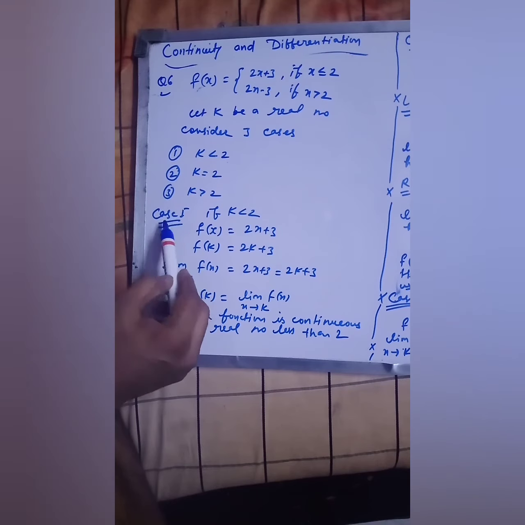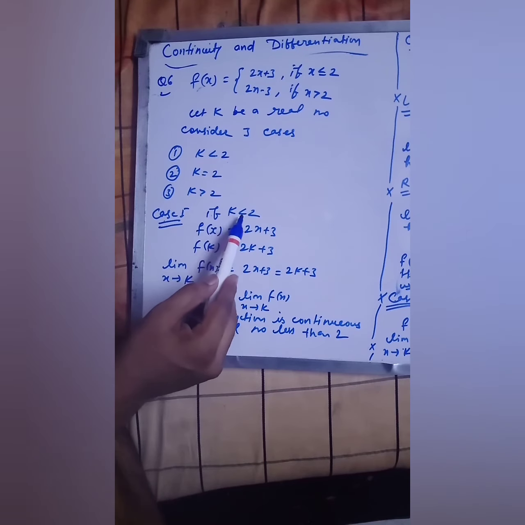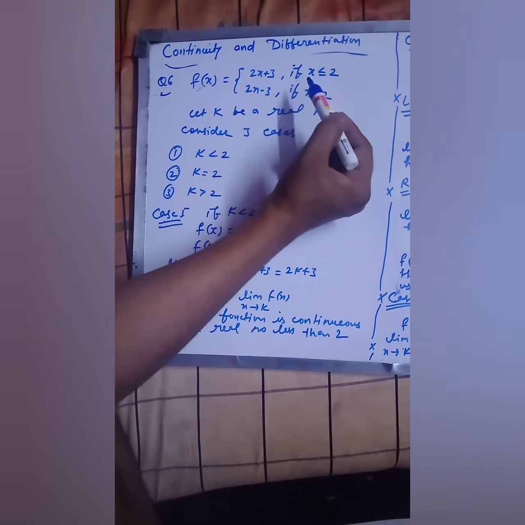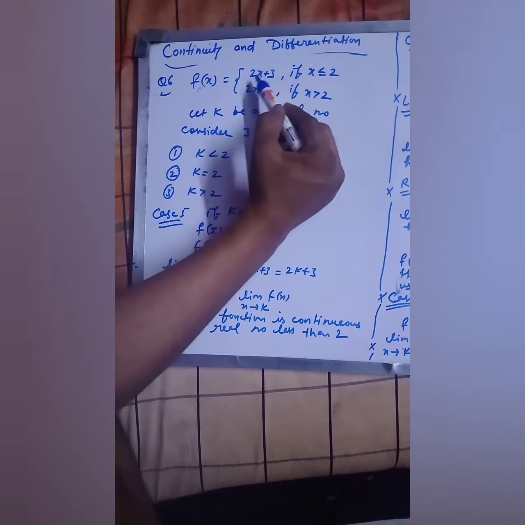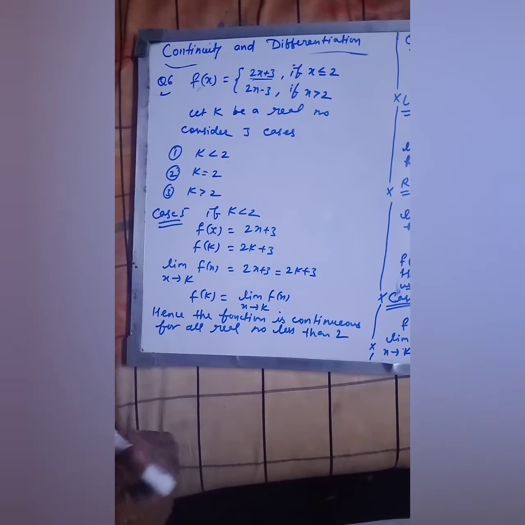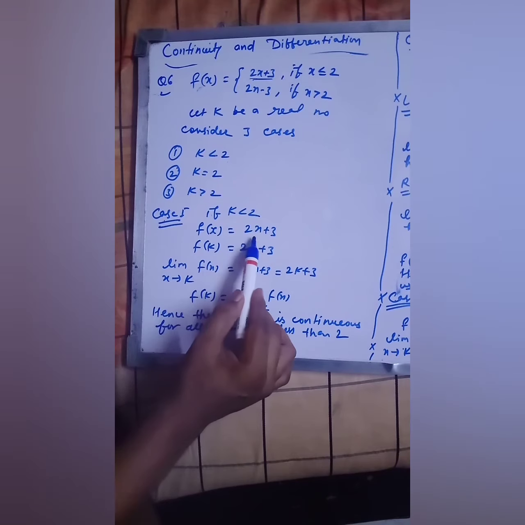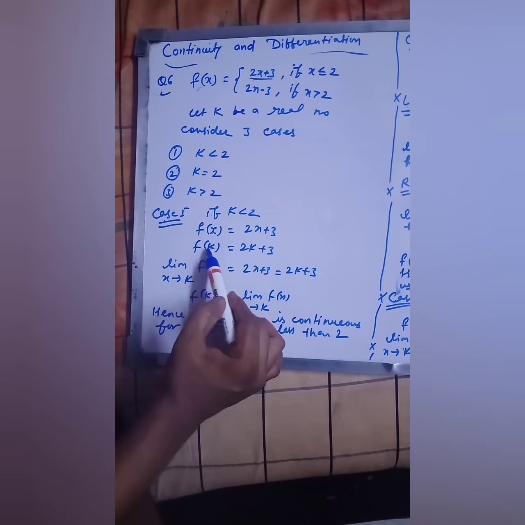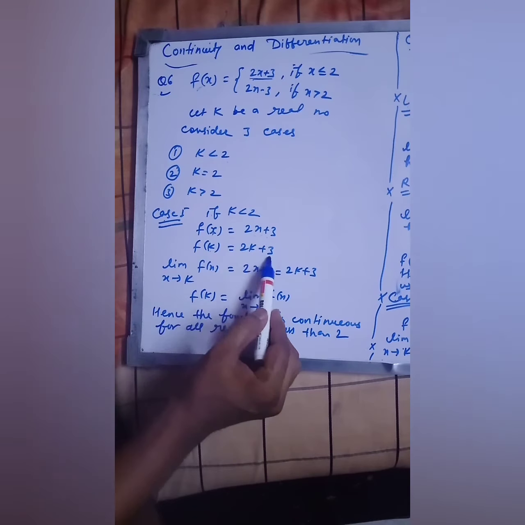So I'm solving the first case. If your k is less than 2, what does that mean? For less than 2, you will take the value 2x plus 3. So your f(x) will be 2x plus 3, and when you replace x with k, this would be 2k plus 3.